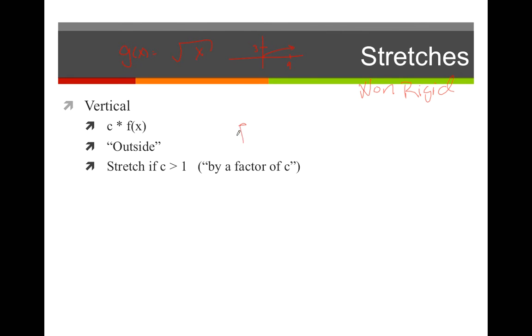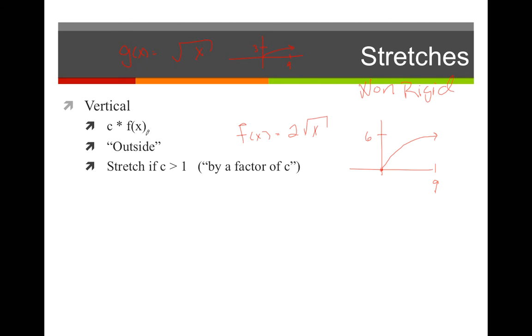But if we were to take a vertical stretch by a factor of, let's say, 2, that vertical stretch is going to do this, and then when it comes up here, at x equals 9, it's no longer 3, but it's twice that height. It's at 6. So I've changed the height of all of my y values.